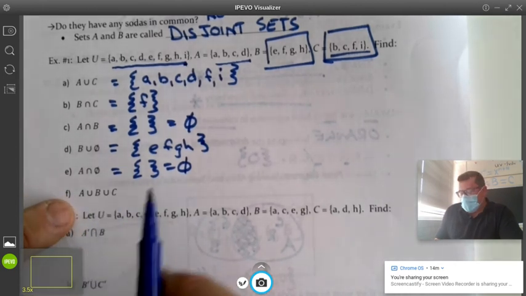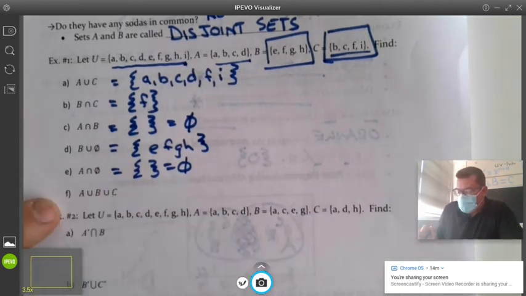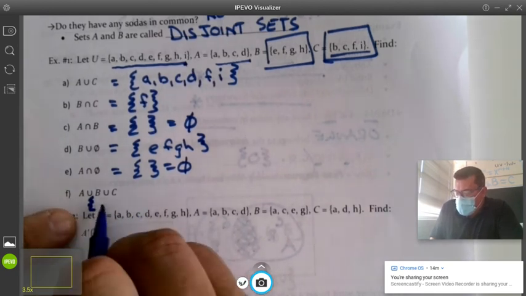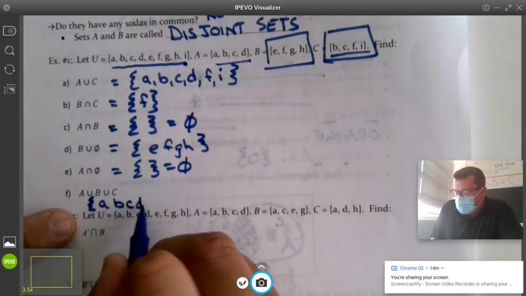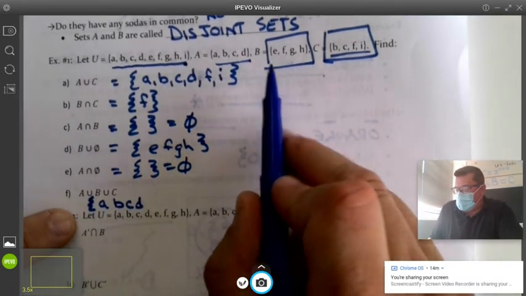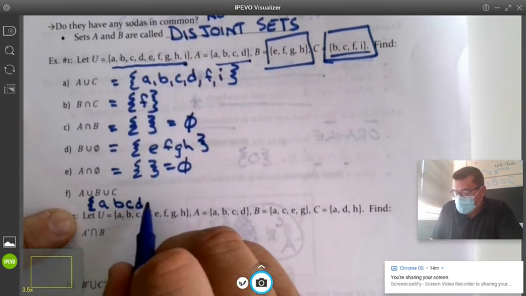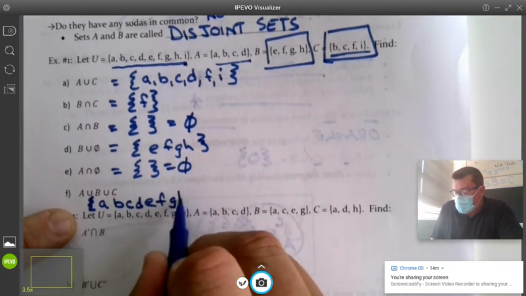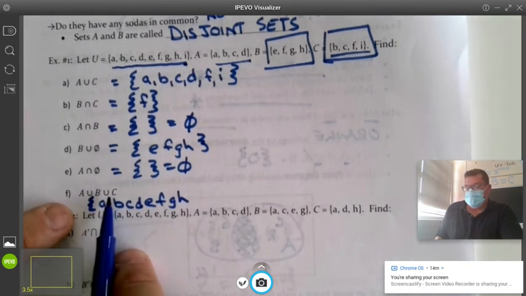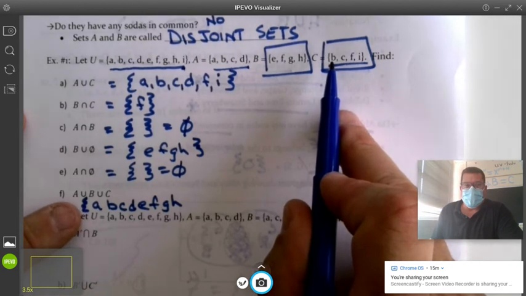And we can work these things out from left to right, just like our order of operations. So working this thing from left to right, let's figure out what is in the union of A and B. The union means write everything down in A, write everything down in B, and keep it all, but only write down the letters once. A, B, C, D, E, F, G, H. Now we union that with C. So now we write down everything in C. I've already written a B, so I don't have to do it again.